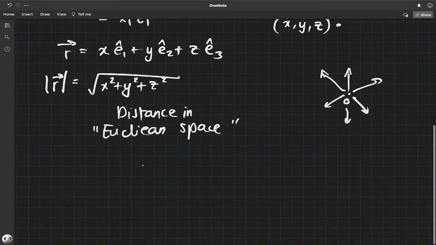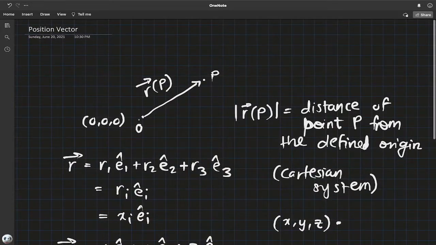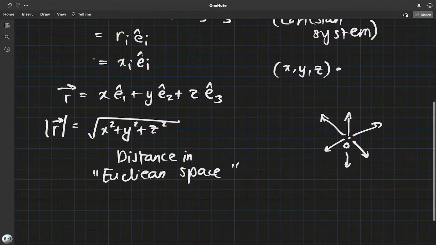Now the magnitude may not be defined this way. For example, if you take a hyperbolic space, it's pretty different. You have a negative sign inside the square root, and things are not what they are in a nice Euclidean space. But this is the basic idea of a position vector, and we are going to use the position vector for defining new coordinate systems and basis vectors of those coordinate systems.